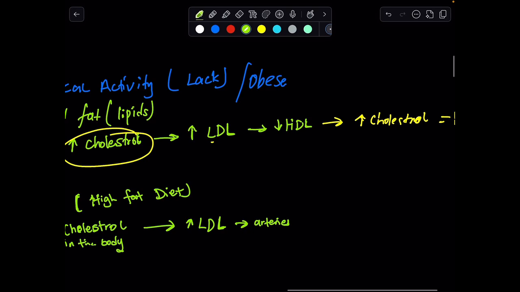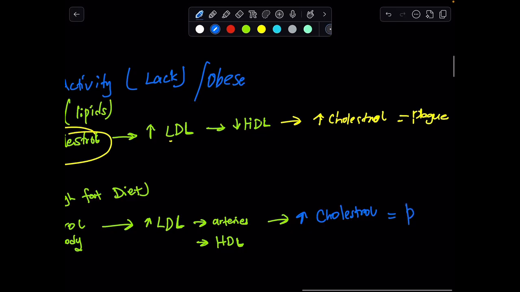And if we have less helpful delivery Luffy, then what's going to happen? Cholesterol is just going to skyrocket, right? There's going to be increased cholesterol, and then what? Plaque. See? Simple right there, right?